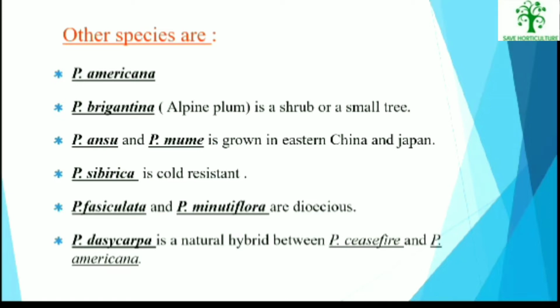Prunus mume common names include Chinese plum, Japanese plum and Japanese apricot. Prunus sibirica is cold resistant. Prunus fasciculata and Prunus minutiflora are dioecious. Prunus dasycarpa is a natural hybrid between Prunus cerasifera and Prunus armeniaca.